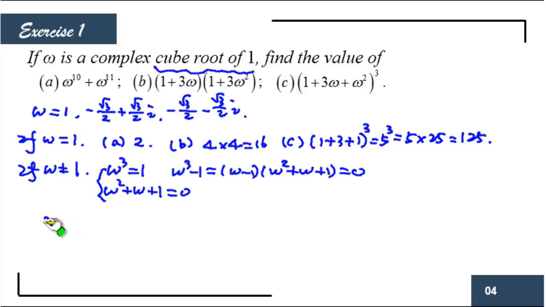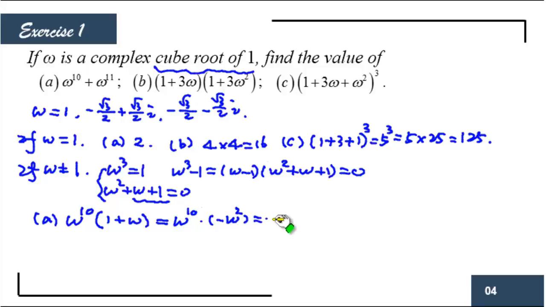That means for a, we can extract omega to the 10th power from each term, so we get 1 plus omega. And according to this form, 1 plus omega equals negative omega squared, so we get omega to the 10th power times negative omega squared.